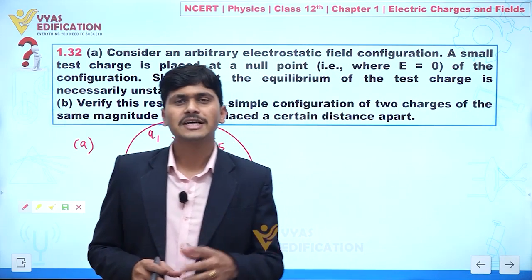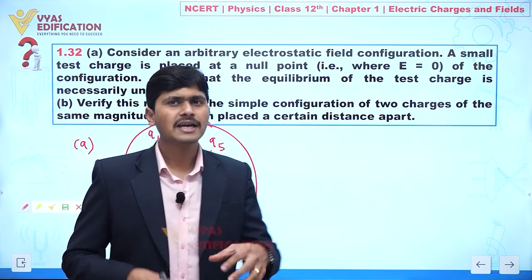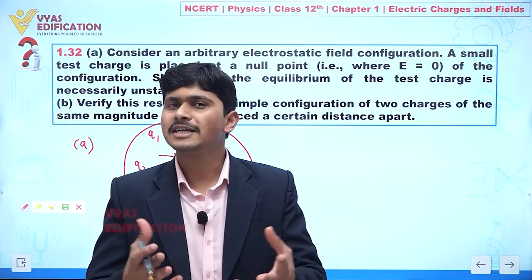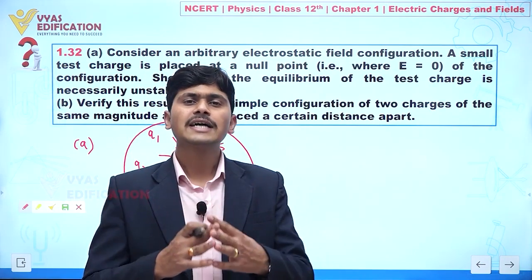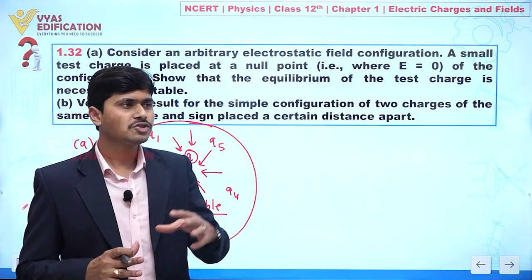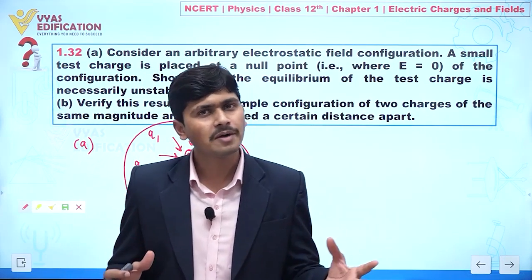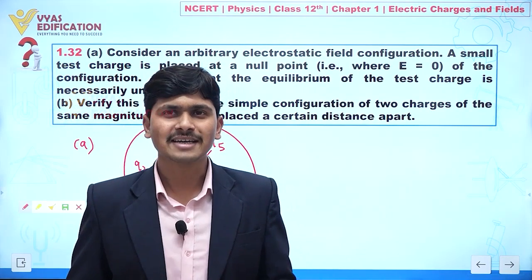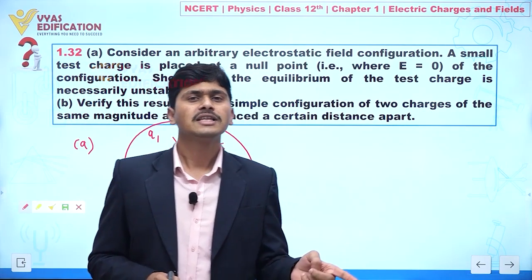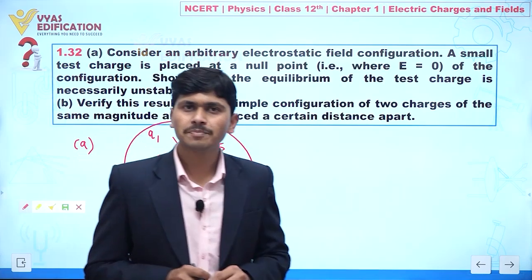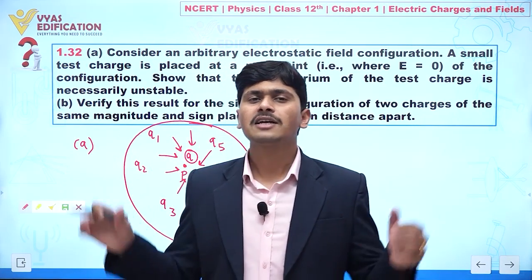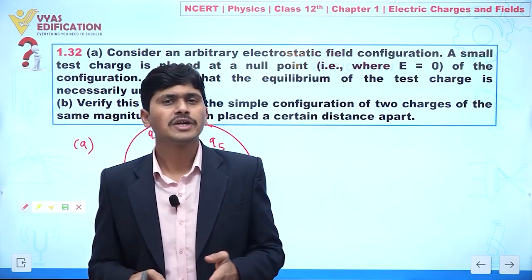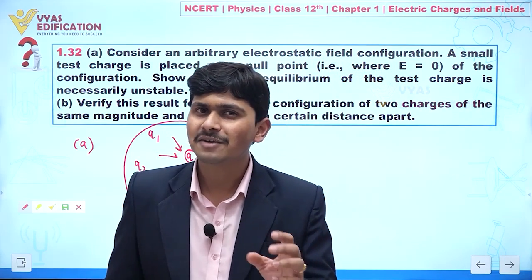Again, initially we assumed that the charge is in stable equilibrium. If the charge is in stable equilibrium, then if we displace it by a small amount, a restoring force should act, and the charge should come back to its original position P. When the electric field is acting in the same direction, there should be a net electric field here.